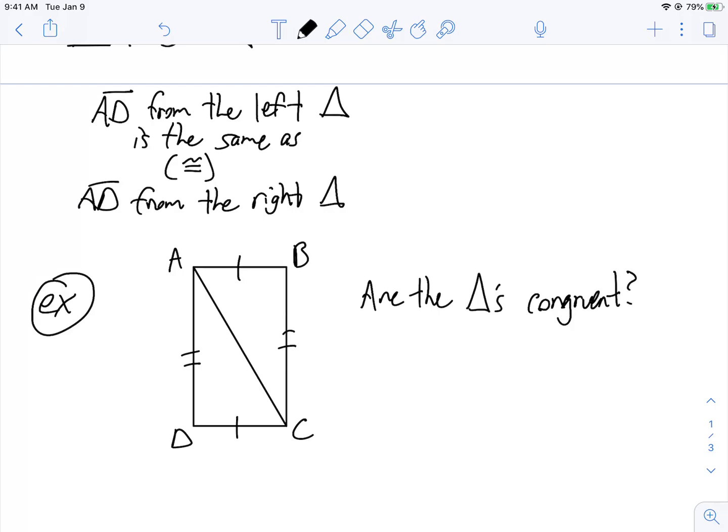Again, I'll ask you using a poll, yes or no, are the two triangles congruent?